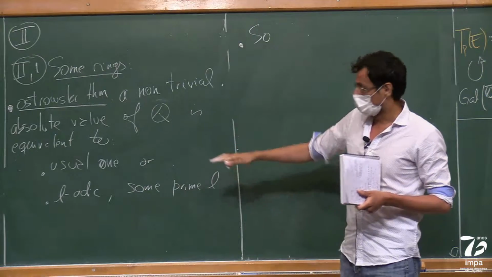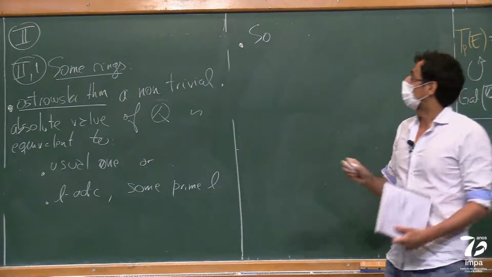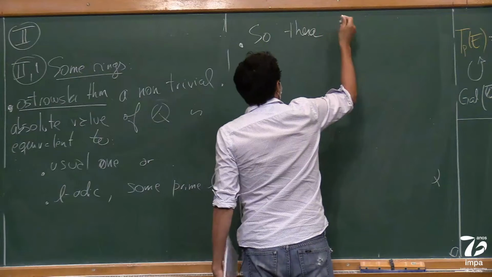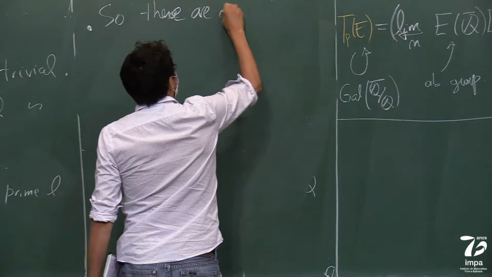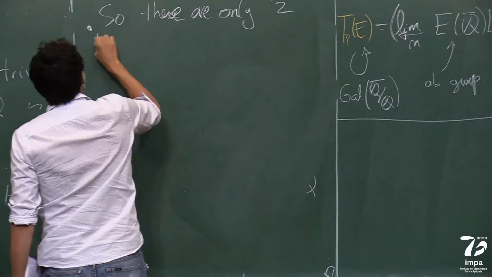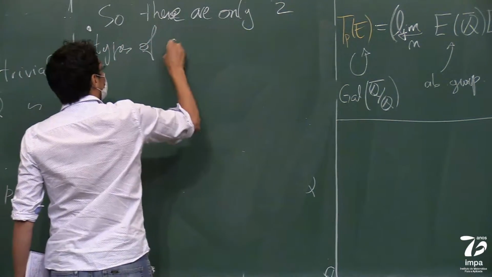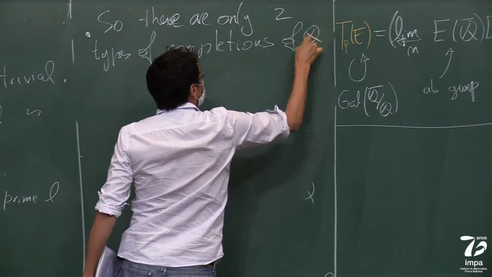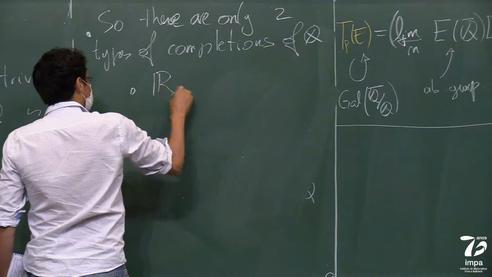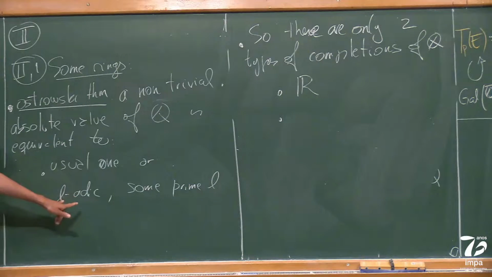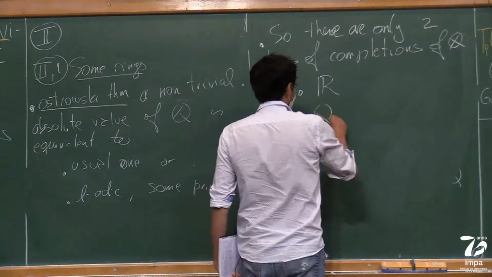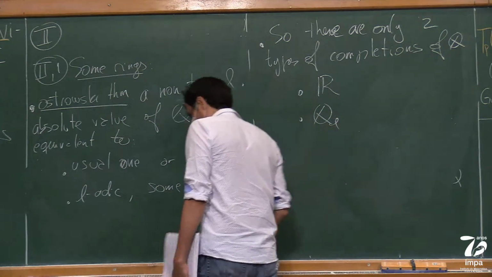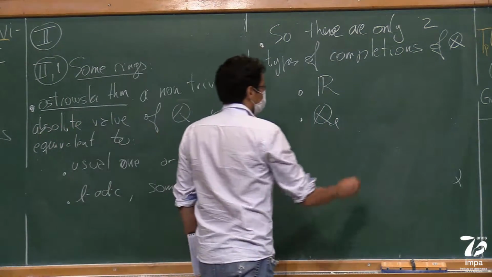That tells you that there are only two types of completion of Q. One is the real numbers, and the second one is the completion with respect to this more fancy absolute value, which you call Q_L. You call these the L-adic numbers.